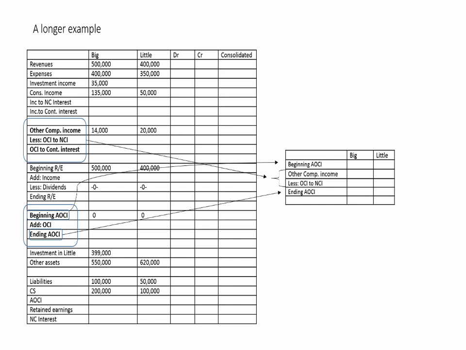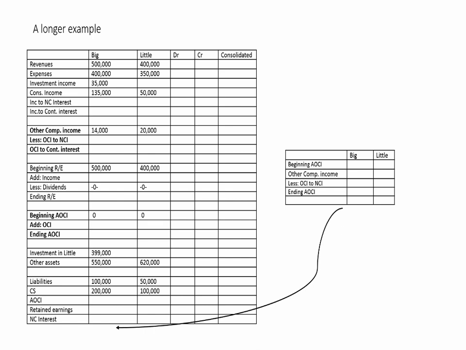So basically they have beginning accumulated other comprehensive income, then they take their other comprehensive income less the other comprehensive income to the non-controlling interest, and that gives us our ending accumulated other comprehensive income. So they're basically taking those two statements and compressing them into one, and then they take that resulting compressed statement and put that down at the very bottom of the worksheet.